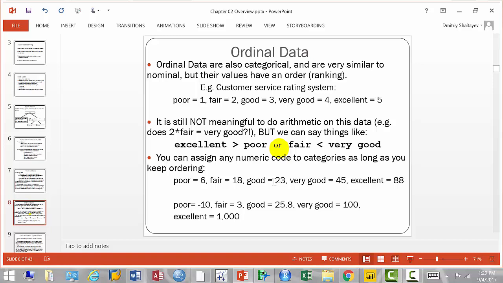Same thing here, I can assign numbers or labels to different categories. This time around, they're also random, but I have to preserve the ordering. So, for example, I can assign 1, 2, 3, 4, 5, or I can assign 6, 18, 23, 45, 88. Different set of numbers, but what's important is they keep the same order as my original groups. Make sense? Any questions so far?